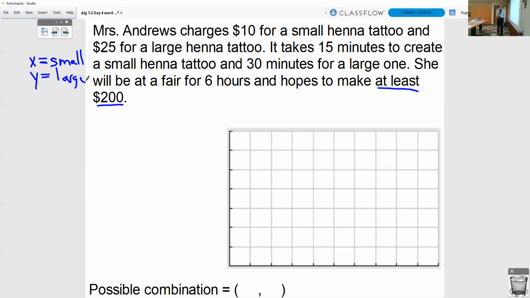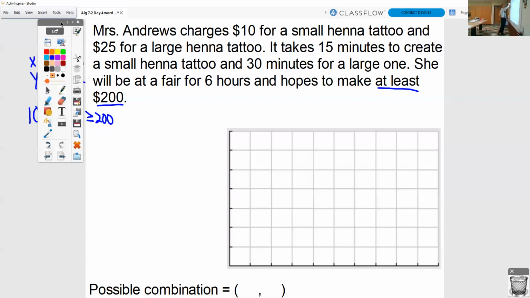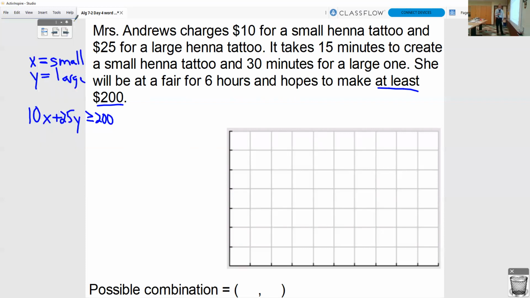So let's talk about the money first. Small tattoos are $10 each, so $10 times the number of small tattoos plus $25 times the number of large, and she wants to make at least $200, so greater than or equal to 200. Now, the second equation that we have is time.